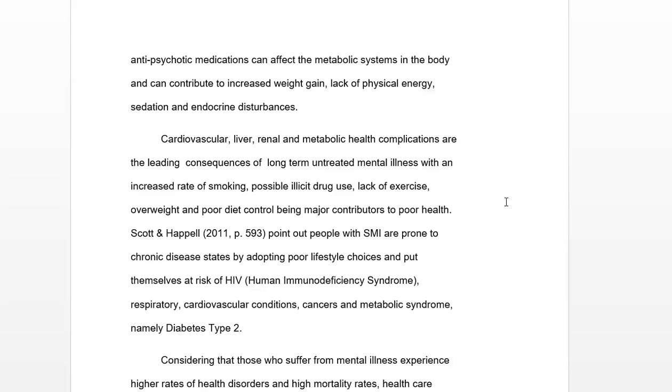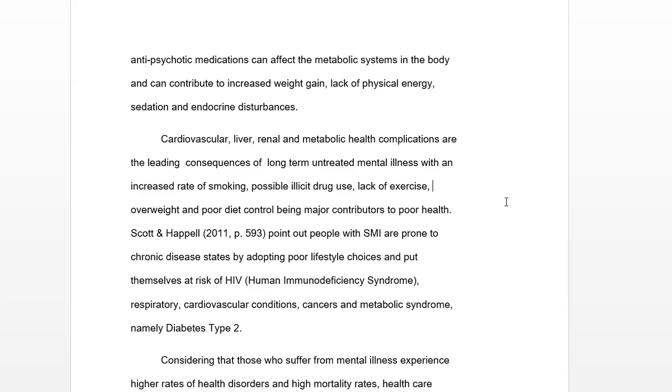What they could have done is still looked at the same literature and made a statement here that other studies that explore the experience of people who have severe mental illness also find that the cardiovascular, liver, renal, metabolic are an issue, and just put Scott and Hapner or whatever. That's really just a sentence.